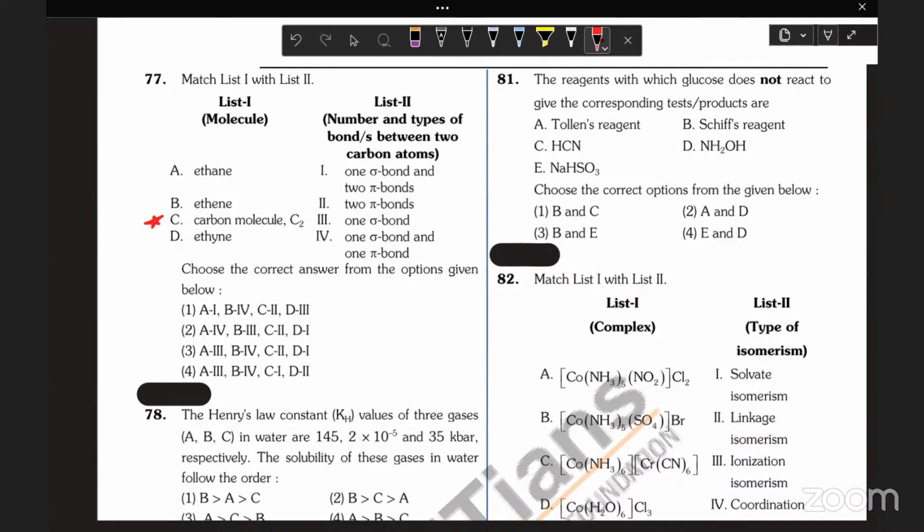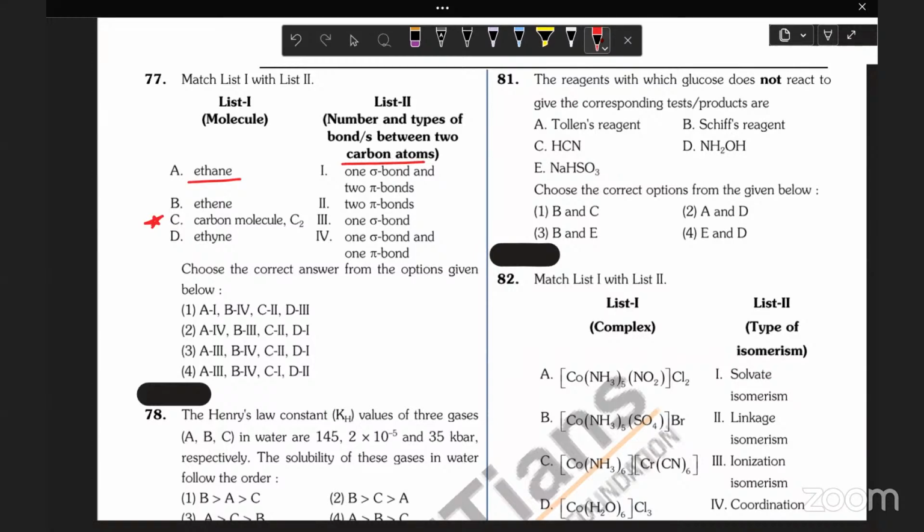That's the special thing about C2, and you can derive it from molecular orbital theory. When you write the electronic configuration, both the bonds are pi bonds. Let's talk about the options one by one. This is match the following. On one side you have the molecules, on the other side the number and types of bond between two carbon atoms.